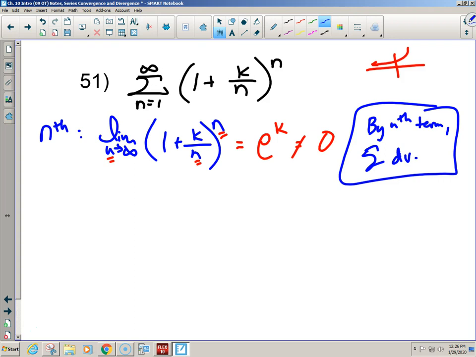Of the sequence, it converges, but it doesn't equal 0. So nth term test, remember, when the sequence converges to any constant not 0, or diverges to infinity or negative infinity, all of those, if not 0, divergent.